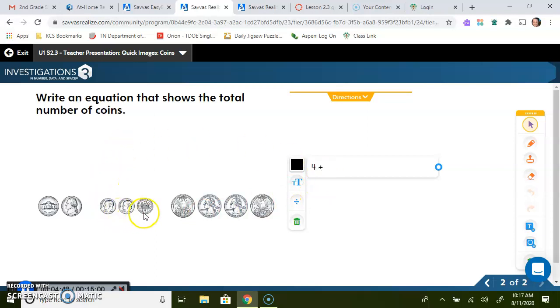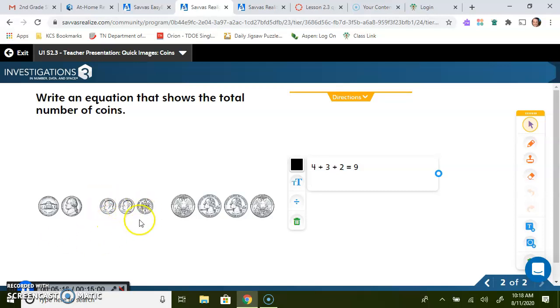Let's just go backwards. How many dimes? Good, 3. And how many nickels do I have? 2 nickels. So 4 plus 3 plus 2, what does that equal? Well, let's practice counting on. There's 4, 5, 6, 7, 8, 9. 9 coins.